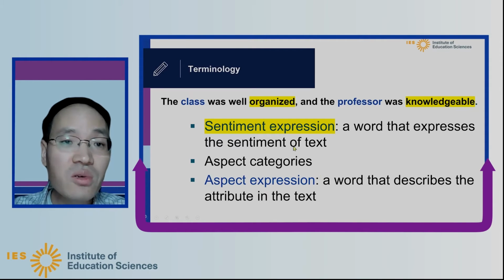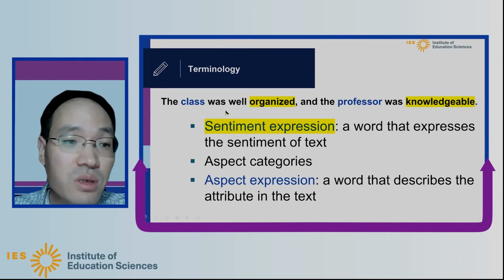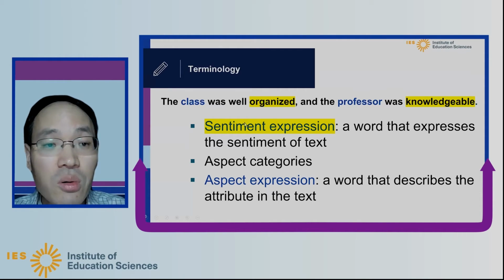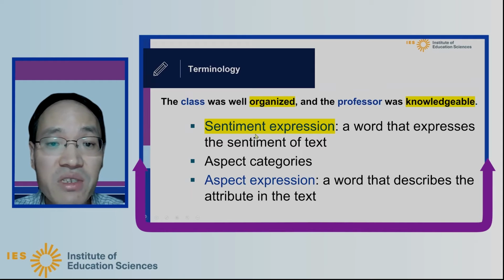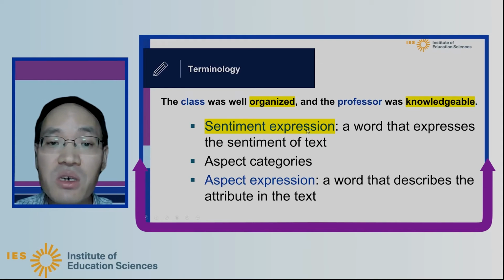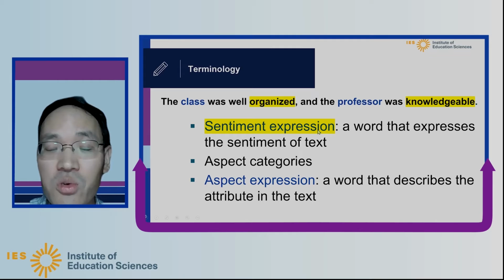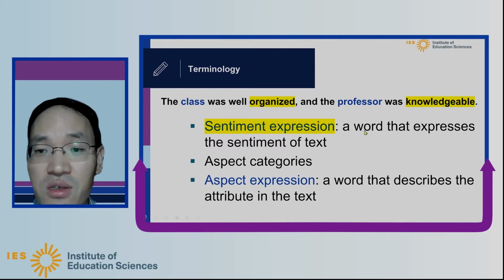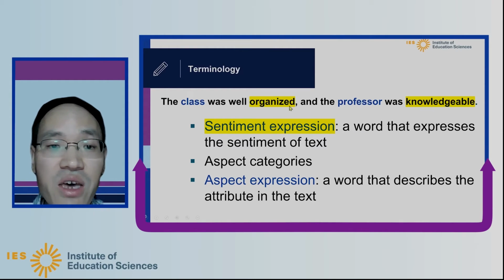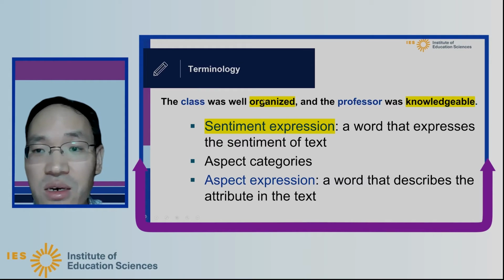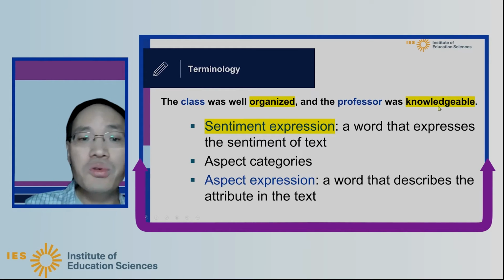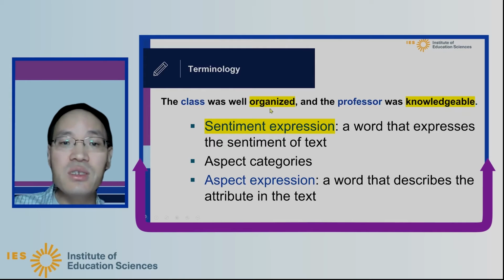Before I talk about the details, I want to define some terms. In sentiment analysis, we have sentiment expressions. Sentiment expressions are usually the words or phrases that express the sentiment of a text. For example, organized and knowledgeable are two sentiment words in this text.